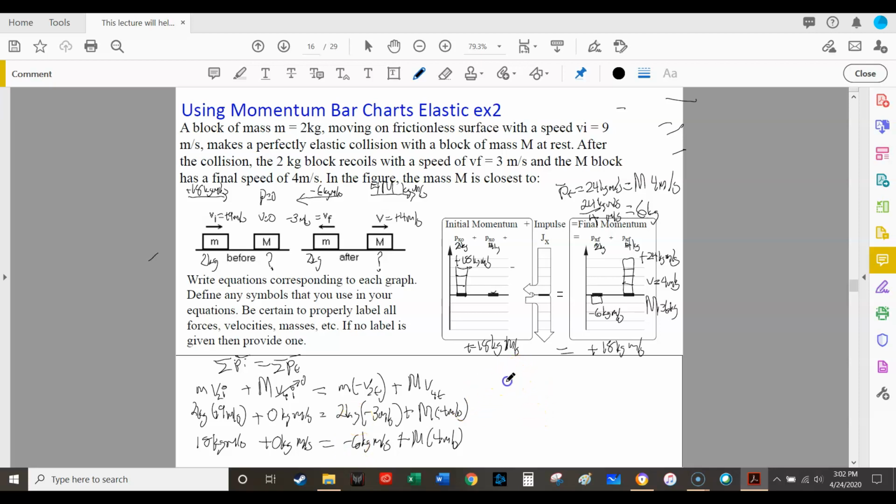When I do that, this becomes 24 kilogram meters per second equals the mass of the object times 4 meters per second. Divide both sides by 4, and it's starting to look like the exact same thing that we had above. It equals 24 divided by 4, that's 6 kilograms, which is the mass of our object. Yeah, so it looks like we're right.